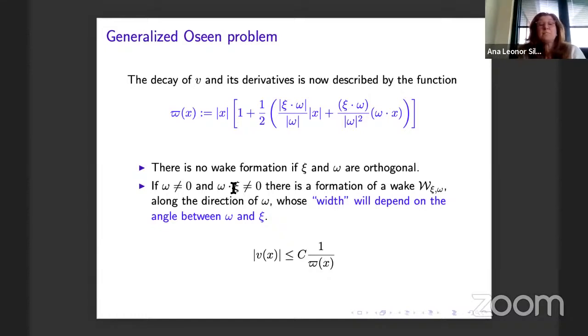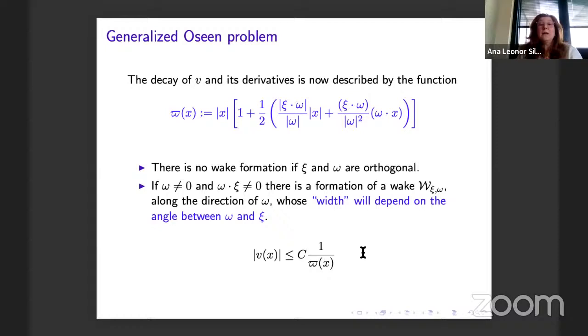If omega, the angular velocity, is different from 0, and it is not orthogonal to the translation, then there is this wake region, and the width of the wake region is going to depend on the angle between chi and omega.